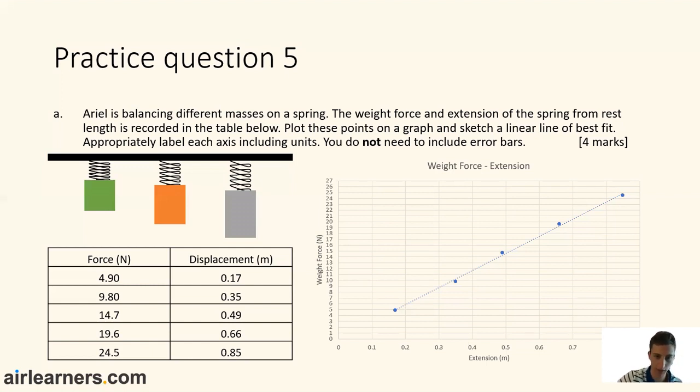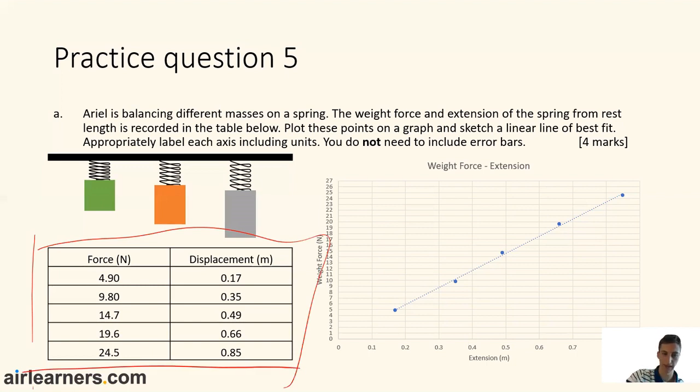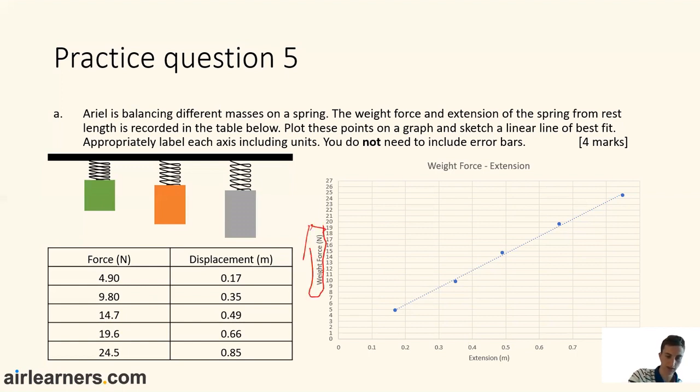Now, in terms of labeling or plotting the points, I've literally just taken this table and transposed it. That's all I've done. I have labeled weight force in newtons on the y-axis. And I've labeled extension in meters on the x-axis. Now, that's just typically how we do it.